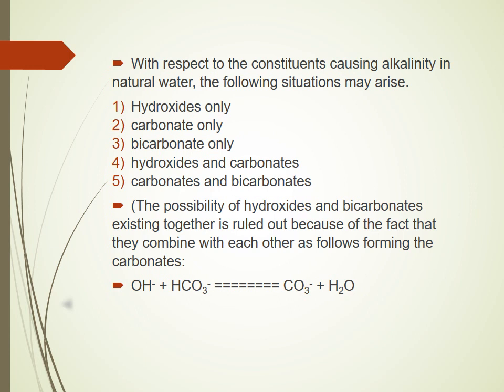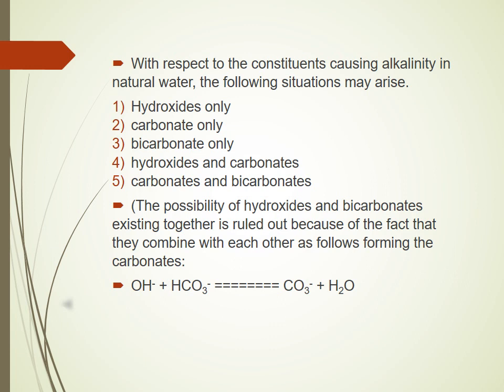Now, with respect to the constituents which cause the alkalinity in natural water, the following situations may arise. The alkalinity may be due to hydroxide ions only, carbonate ions only, or bicarbonate ions only.